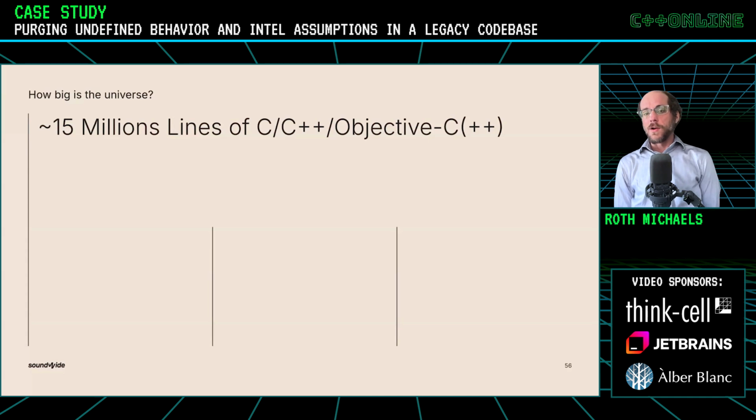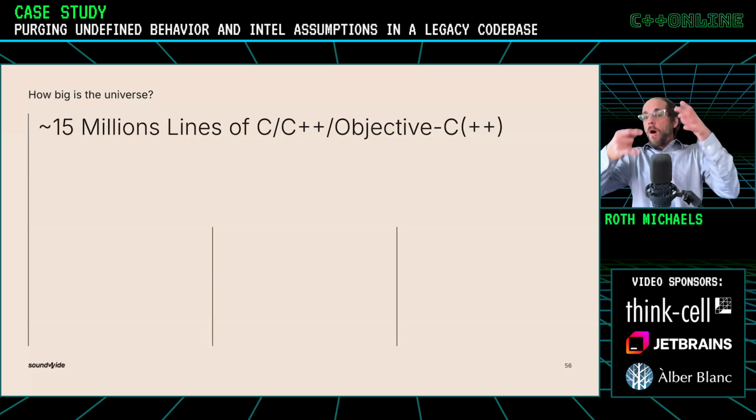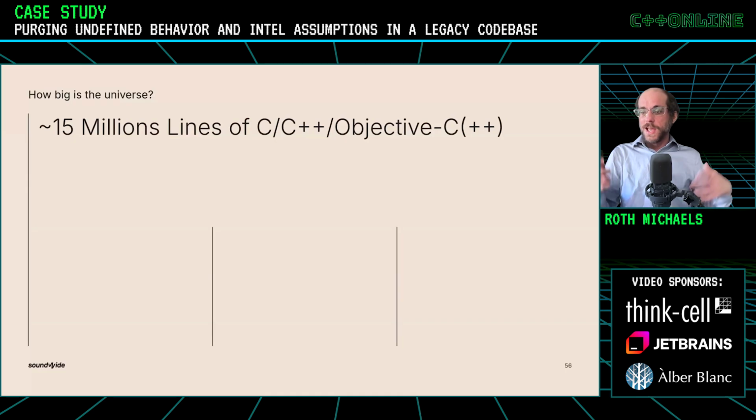If you looked across all of the iZotope plugins and applications we made, it was about 15 million lines of C++, C, and Objective-C in our code base. That doesn't mean it was all linked in every product, but this is the stuff we had around in our catalog.